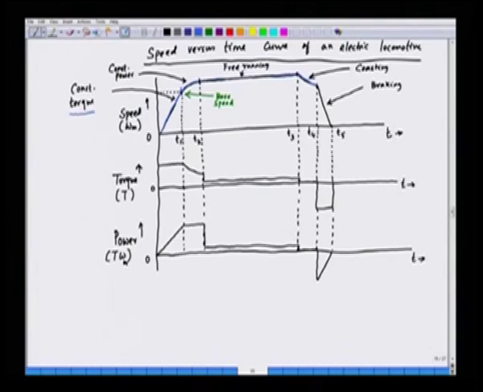The speed reduces, and before we come to a stop, we apply the brake, which could be electrical braking or mechanical braking. Especially in electric drives we prefer electrical braking, so that there is minimal wear and tear of the mechanical parts.